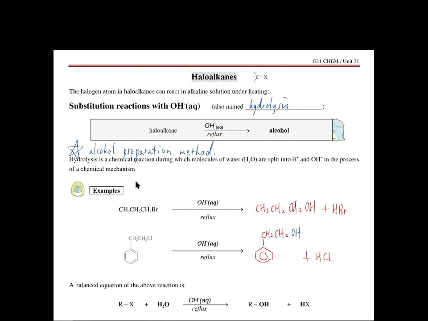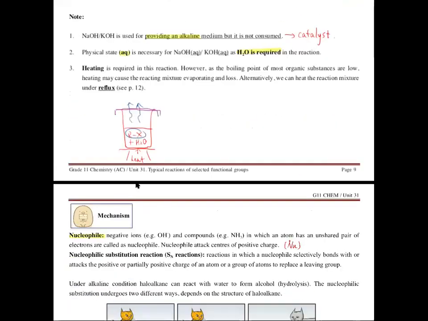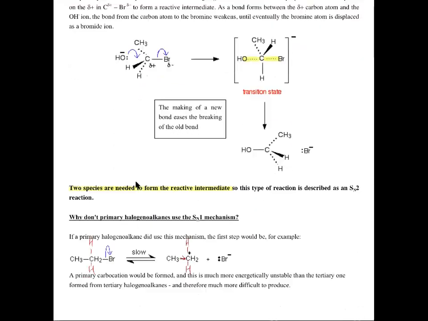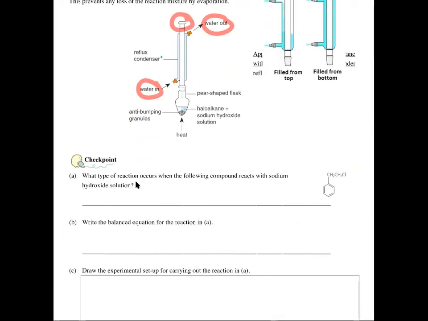If I ask you what kind of reaction this is, like checkpoint question 1, what type of reaction occurs? You can refer to it as either hydrolysis or nucleophilic substitution reaction, both will be accepted.